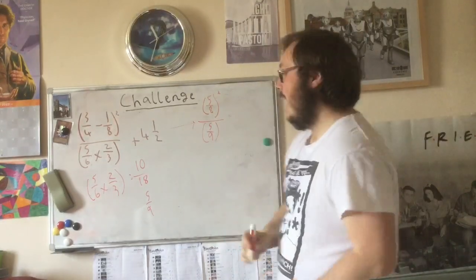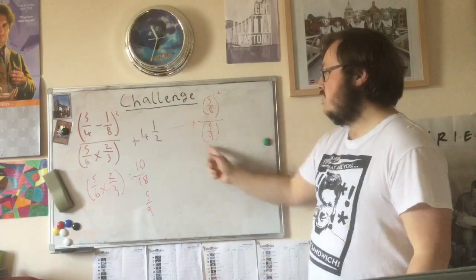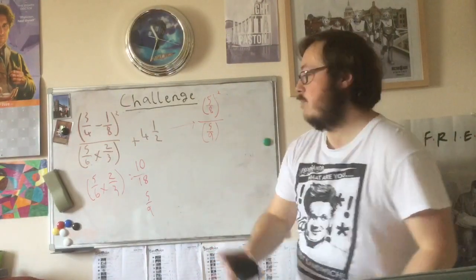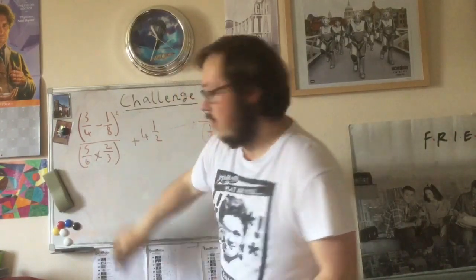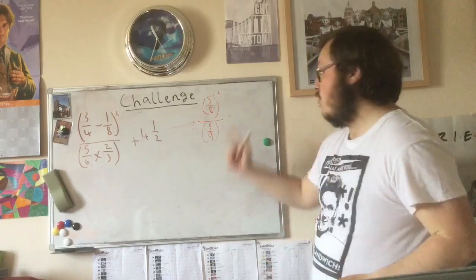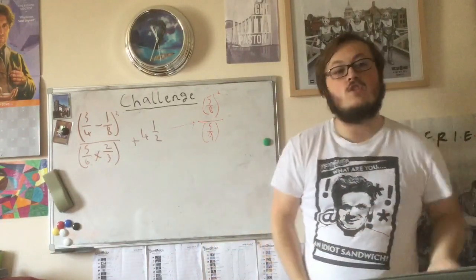Awesome. And then once we've done all that, we then add 4.5 to it. But we still need to tidy this up a bit. We've still got the squared, and we actually need to find out the solution to that part of the problem. So let's rub this out, and let's work on the indices bit. So 5/8 squared. Now the important thing is when you square it, you just square the 5 and you square the 8.